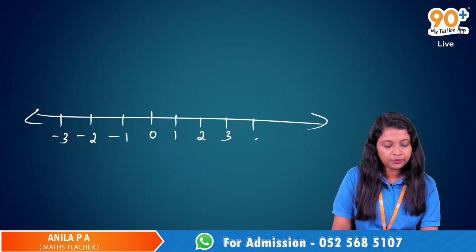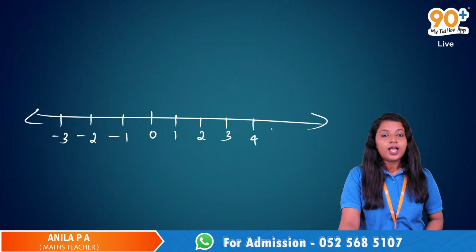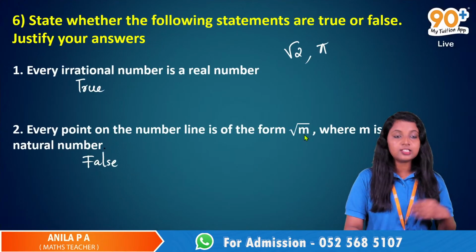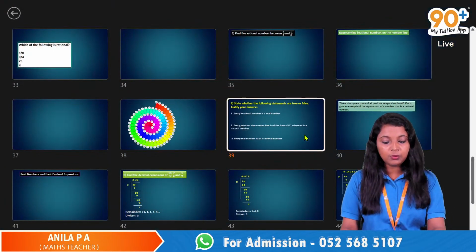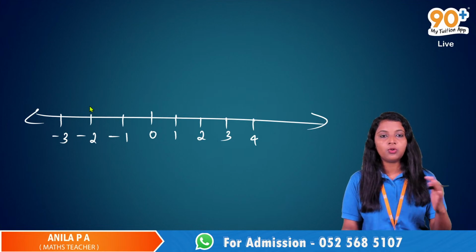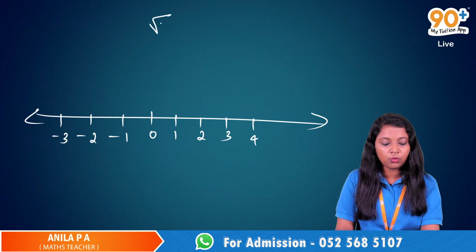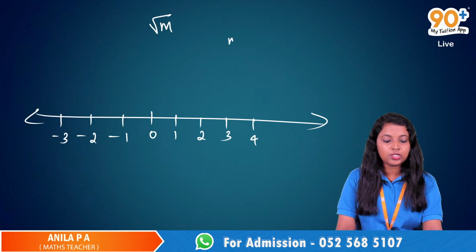All these are there. The statement is every number on the number line is of the form root m. And in between we have 1 by 2, 0.5, everything is there. Is that true?